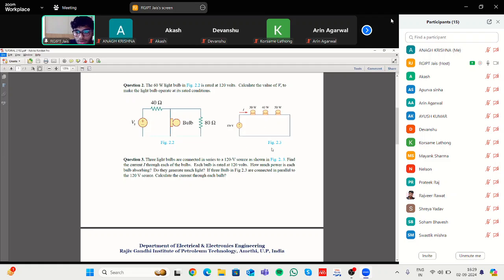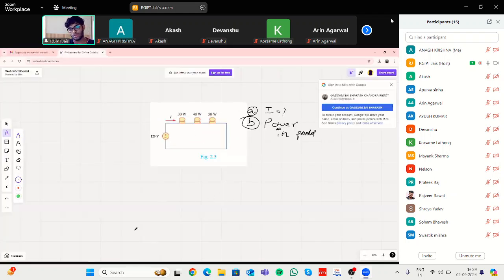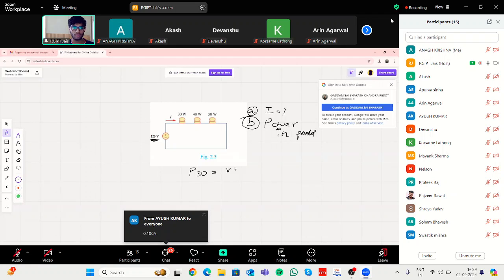In series, we will find the value of I. We are given that all the bulbs are connected in series combination and we are given a voltage of 120. So now we have to find the current. According to the power theorem, we have P of 30 is equal to V square divided by R, right?